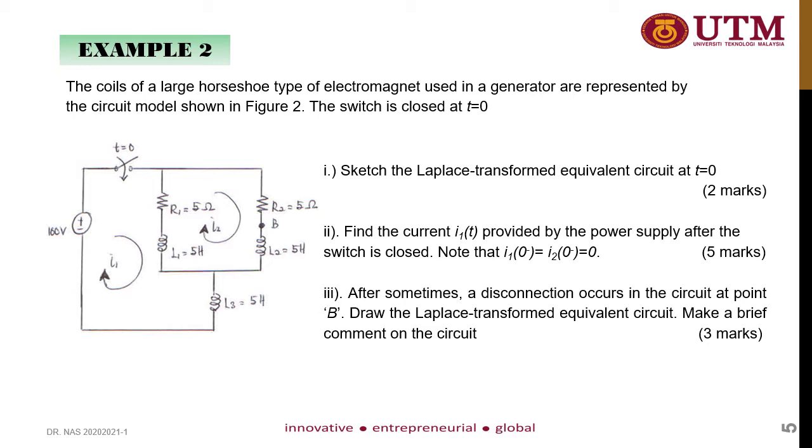less than 0, there's no current flow in the circuit, therefore there's no energy stored inside the passive components, and the initial current or voltage are zeros. And then the second question, find the current i1(t) provided by the power supply after the switch is closed.